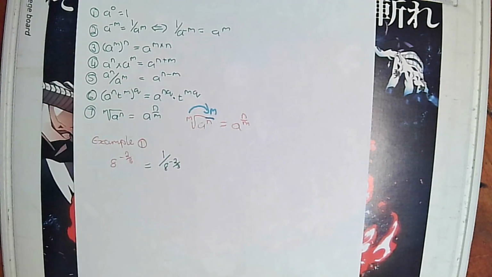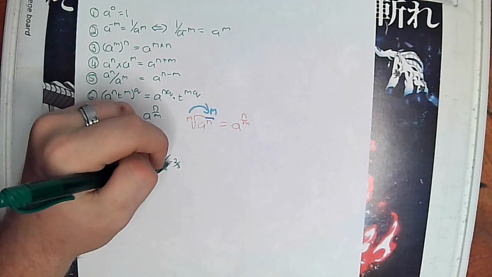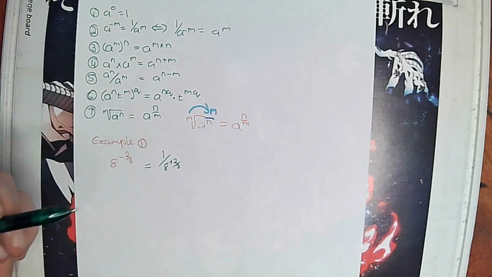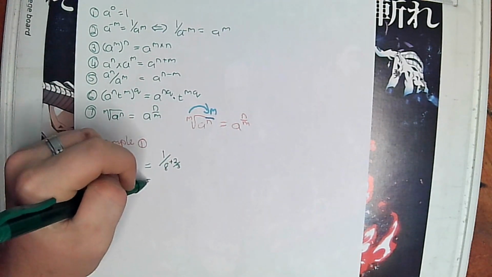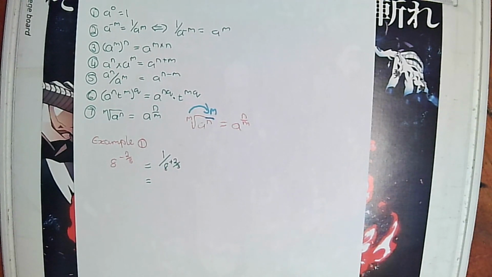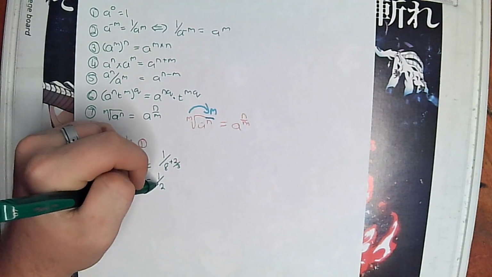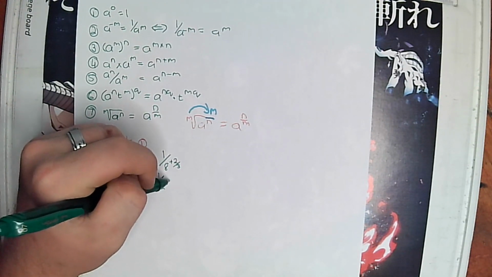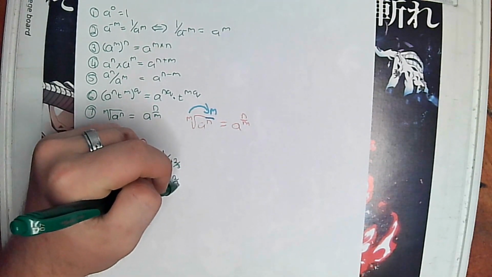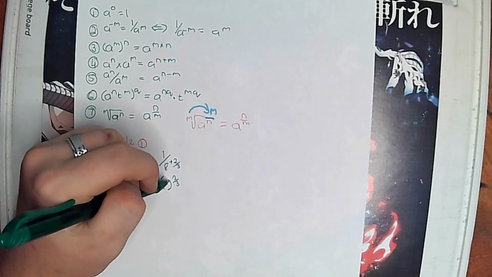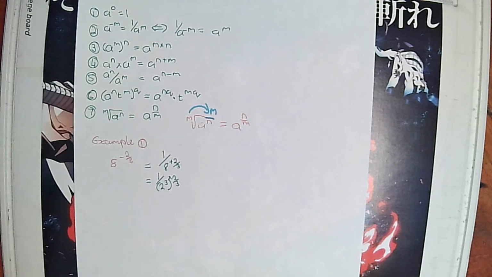Well, not negative, this becomes positive. Then I see, well, okay, 8 is equal to 2 to the power of 3. So then I can go and write it as 1 over (2^3)^(2/3). Now I know that these two multiply, which basically means that the 3 and the 3 cancel out.